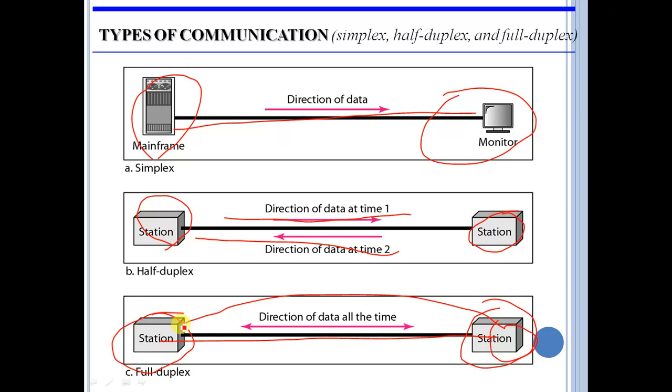Otherwise, the capacity of the channel is divided between signals traveling in both directions. So we can have either two wires or a single wire where the channel bandwidth, or the capacity of the channel, is divided by 2.